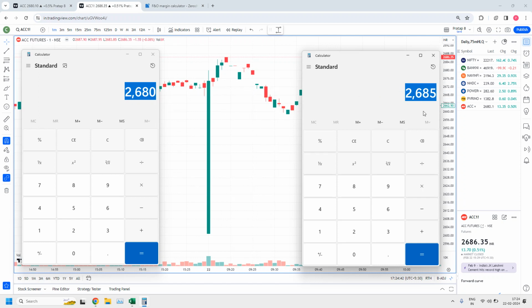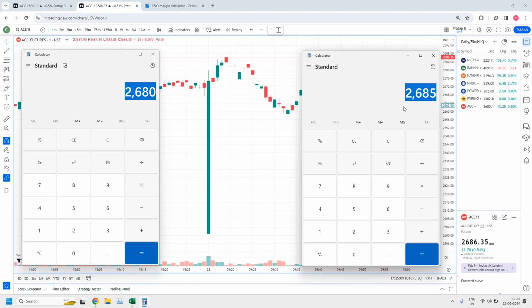While getting profit also, it may not be exactly the same, but you will get near to the same, maybe a difference of 2 or 3 rupees. Because at the time of reaching the target, the volatility in the market will change, and the premium value also slightly increases or decreases. Due to that, you may not get the exact profit you get on equity or futures, but near to that.